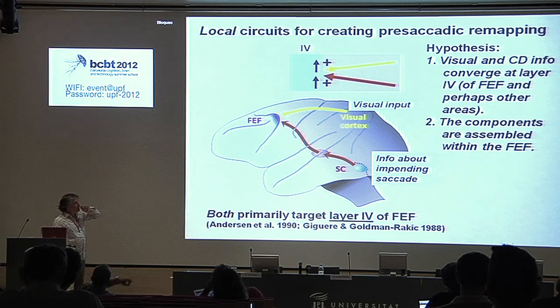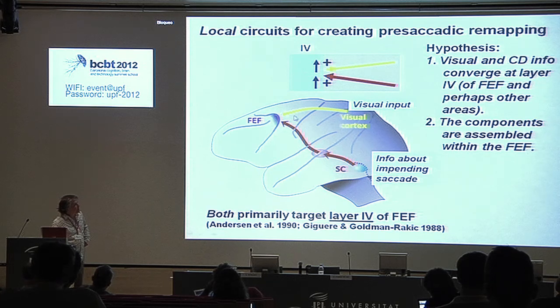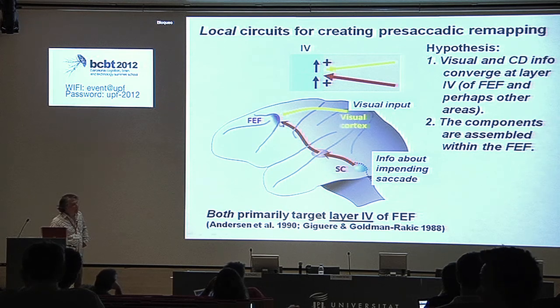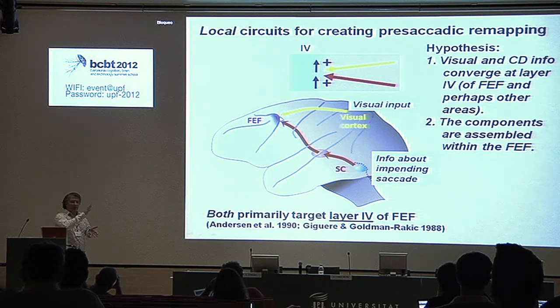A lot of the areas that I'm talking about, like LIP and other parietal areas, tend to have lateral connections where they impact layer 4, and then layers 2, 3 go back and impact the intermediate layers of the others too. I mean, cortical connections will synapse diffusely through layers, but we do know that they reach layer 4. They don't have to only reach layer 4, but they do.